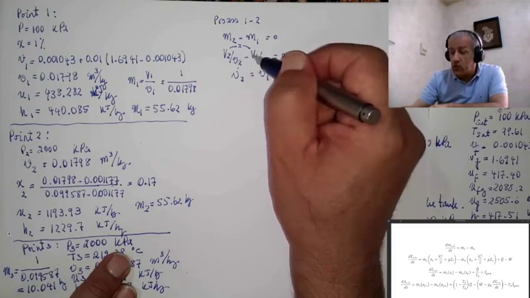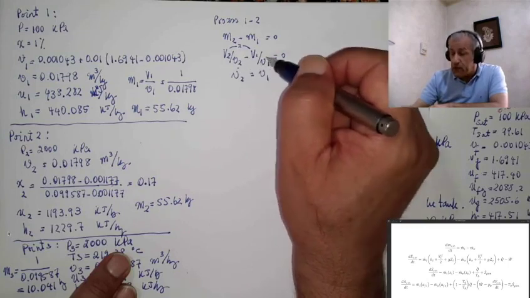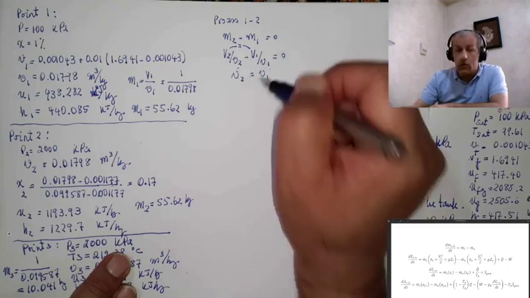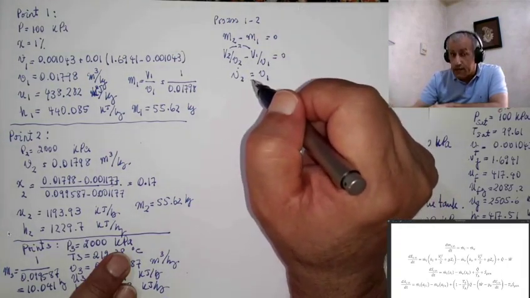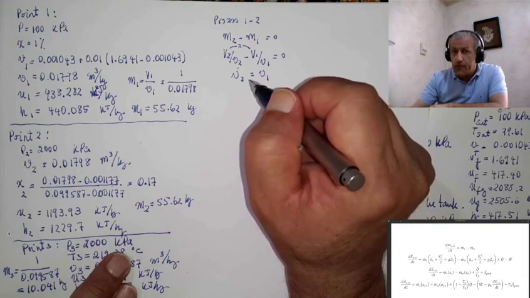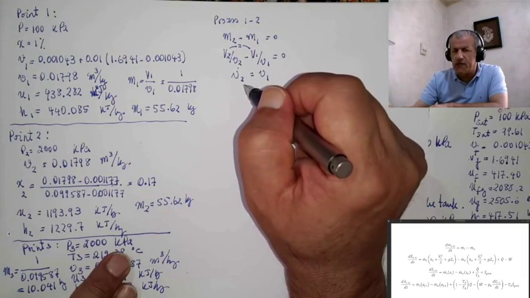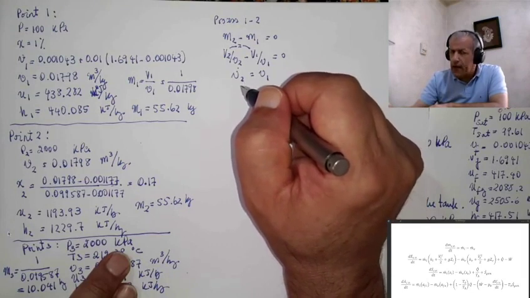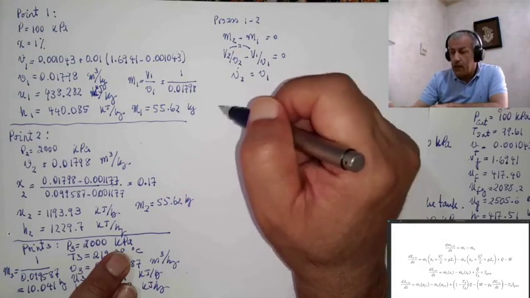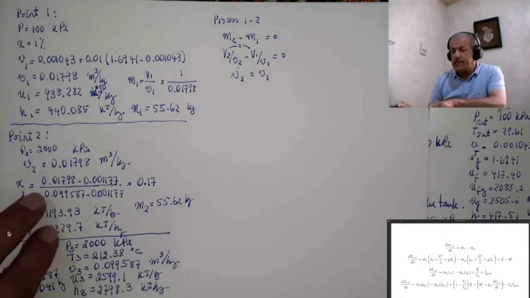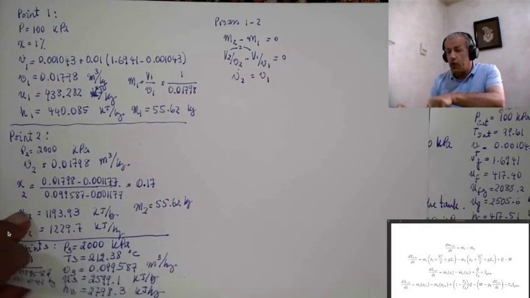And since V1 and V2 are equal, then mathematically we conclude that v2 equals v1, and that is the correct way of doing things. You see, there are two methods for simplifying the mass conservation law or any of the other laws. And I wish to discuss it just briefly before I move forward.